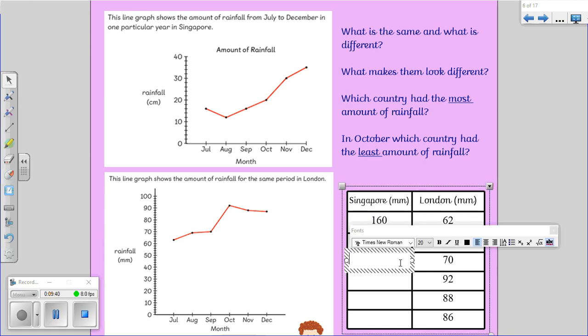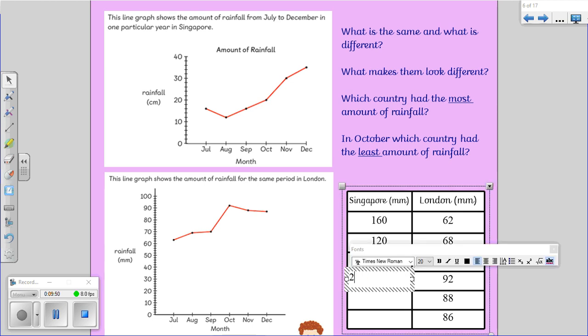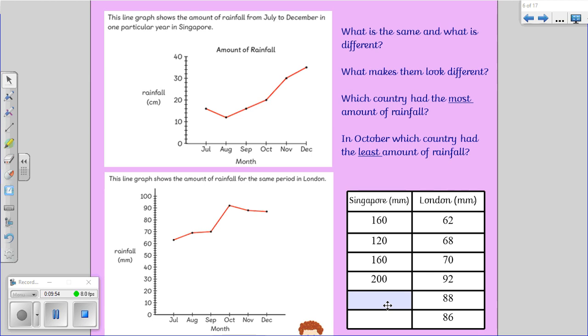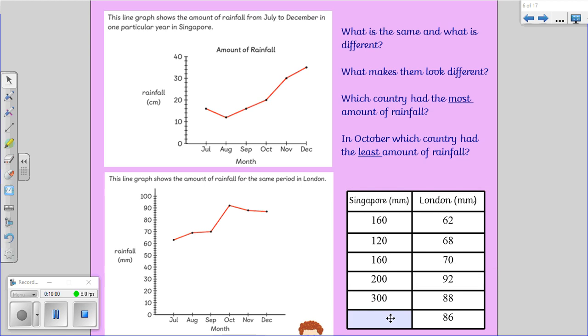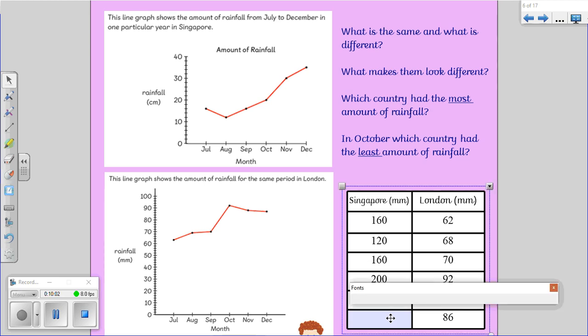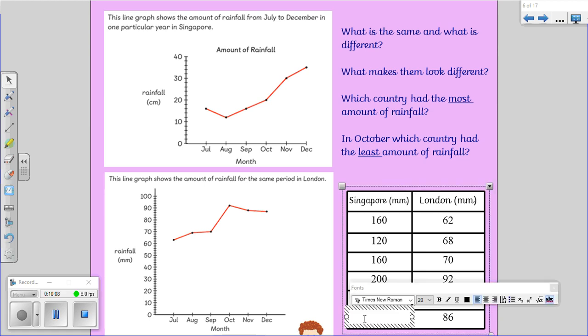September, 16 centimetres again, so it would be 160 millimetres. For October, it's 20 centimetres, so it would be 200 millimetres. For November, 30 centimetres, 300 millimetres. And for December is 36 centimetres, so it'd be 360 millimetres.